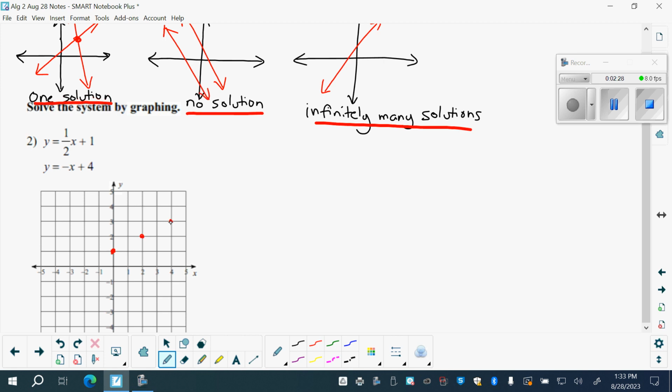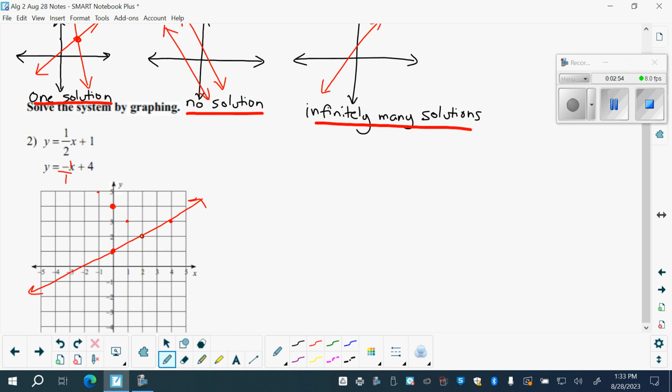So I usually keep going. Now I'm going to graph the next one. Y-intercept is 4. Slope is -1 over 1. You can go up 1, left 1, or down 1, right 1.